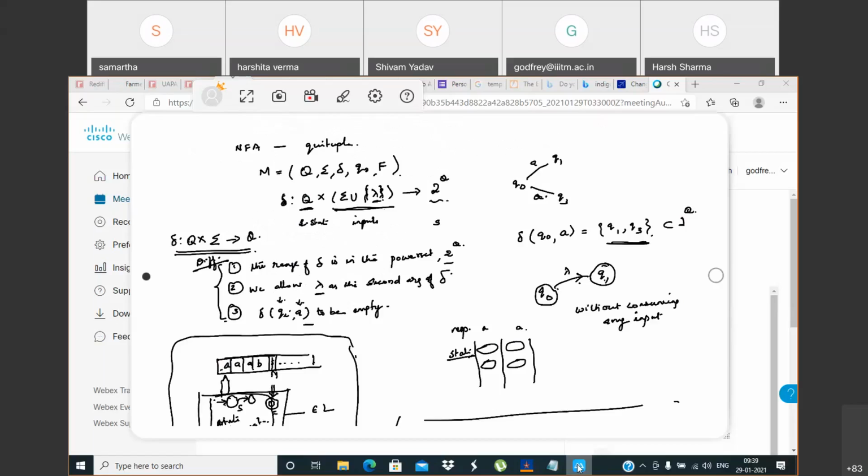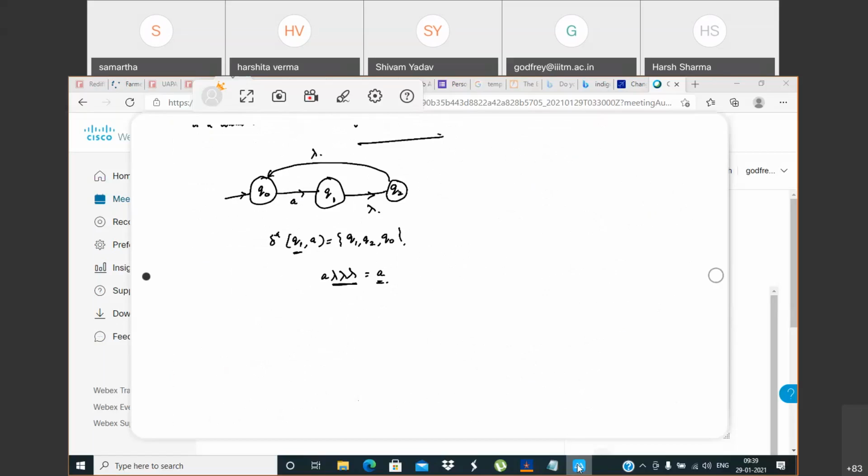Now let's look at another thing. Delta star Q2 comma lambda. Q2 on lambda input, where will I be able to go to?